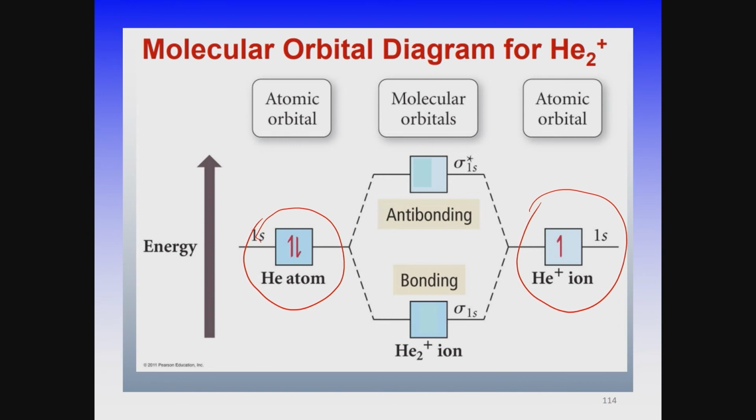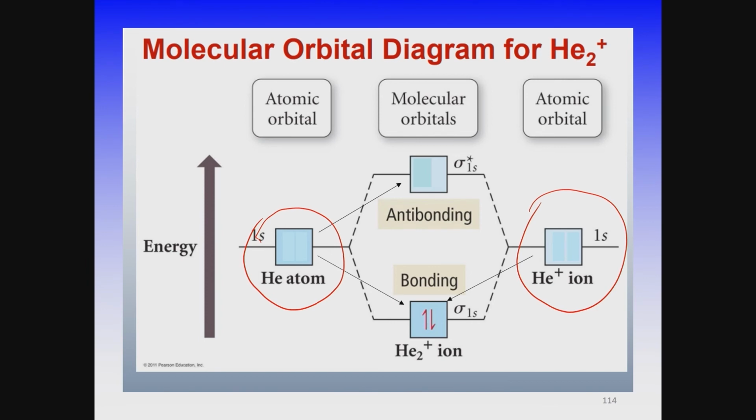The way we're going to do that is to create a bonding and antibonding orbital from these atoms and ions and see where the electrons go. When you form the helium-2 plus molecule, you create the bonding and antibonding orbitals.